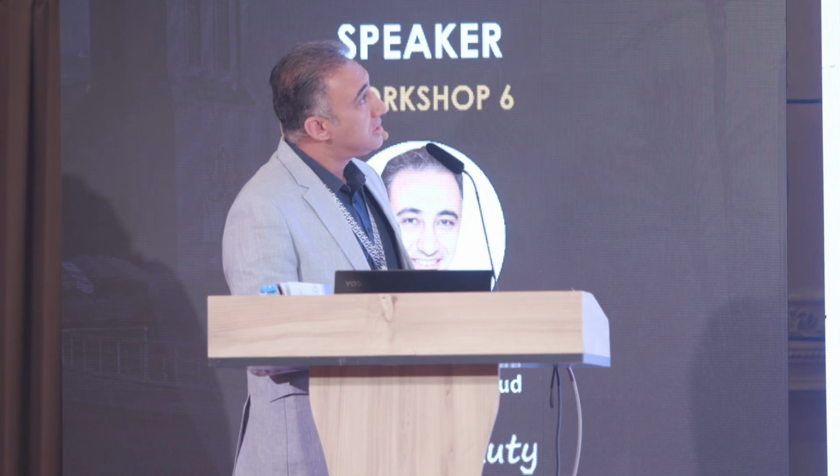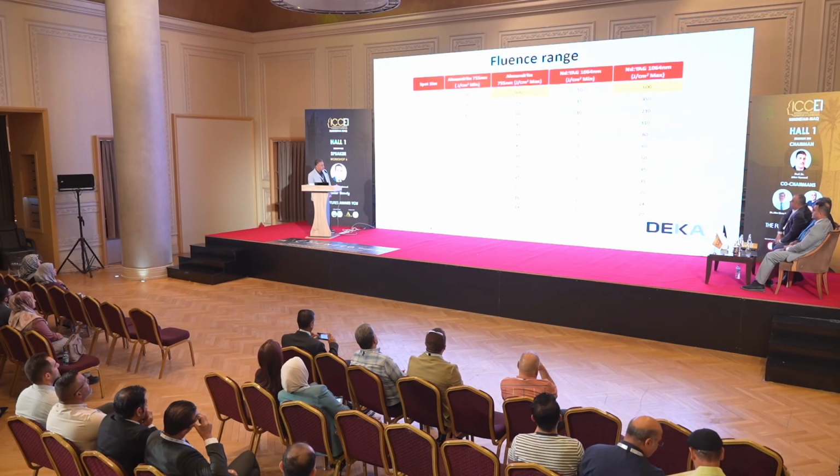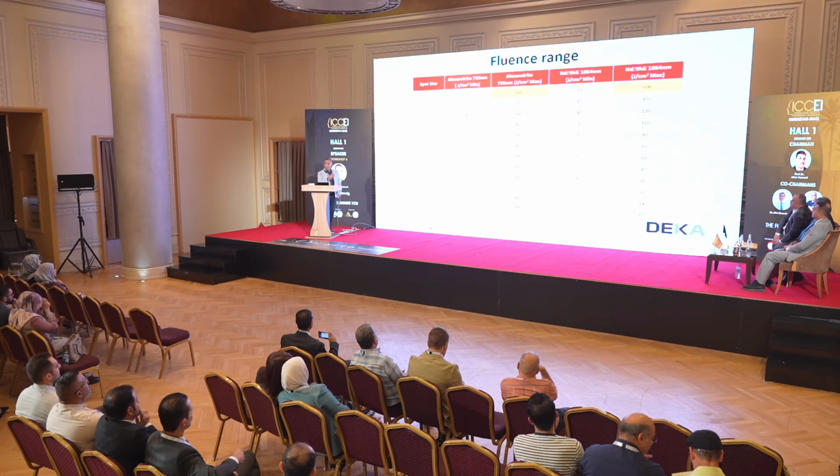To explain that, see here some numbers, which are very important to know. Let's go to the 24 millimeter spot size. We have a maximum of around 14 joules regarding alexandrite, and a maximum of around 20 joules regarding Nd:YAG. This is the 24 millimeter. You can compare it to other devices.